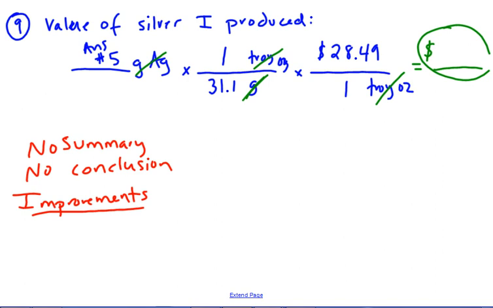Another possible improvement is to actually recover all the silver from the copper wire. It may or may not be that some silver was still left clinging to the copper wire. So that's another possibility that may have gone wrong that you could improve on if you were to do this experiment again.